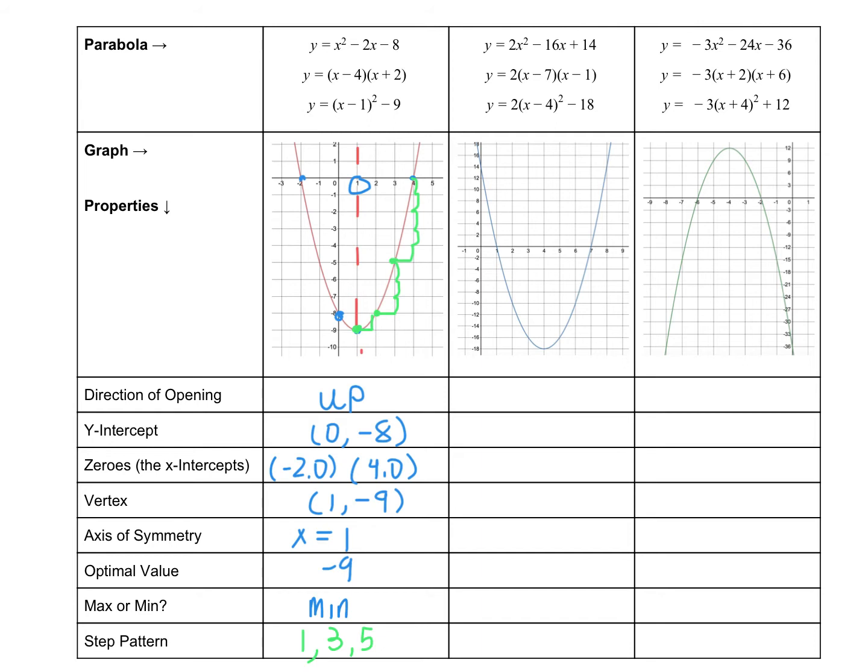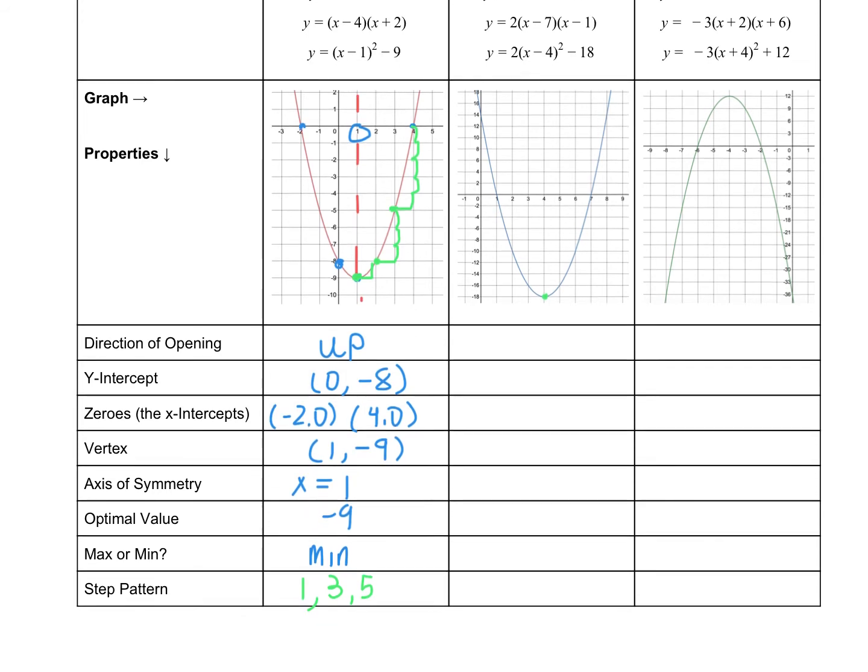So I'm going to do the step pattern for the second parabola. So I'm going to go to my vertex, and I do want to notice that my scale is actually going up by 2, so I need to be cautious of that. So I'm going to go to the right 1, and then I go up 1 square, but that's actually worth 2 units. So 2.